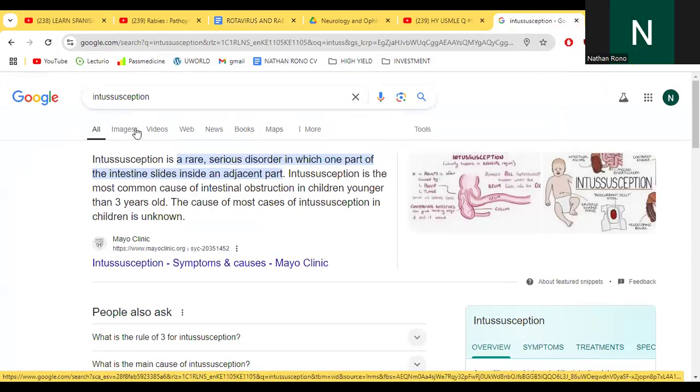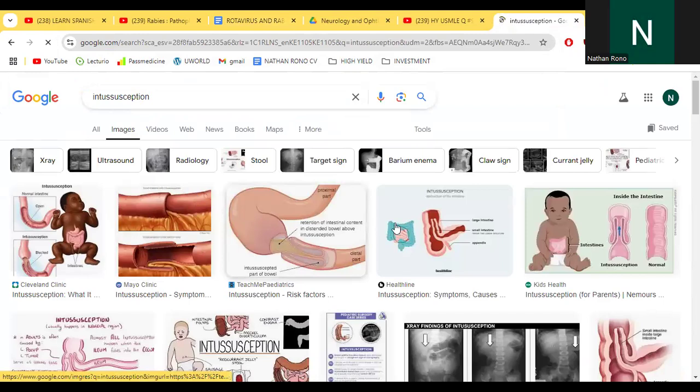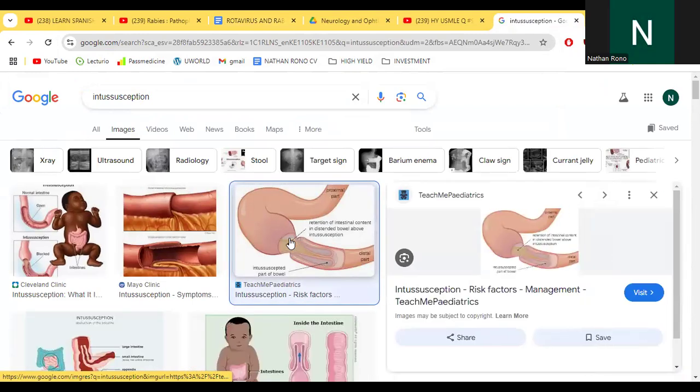It slides inside an adjacent part. This is what we call interception. Can you see it? Yes, so this is what we call interception.